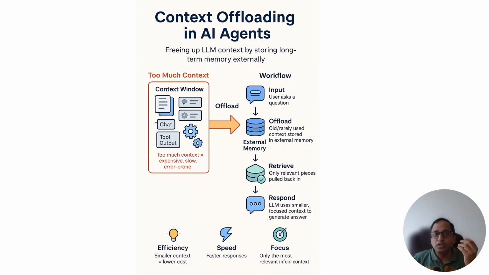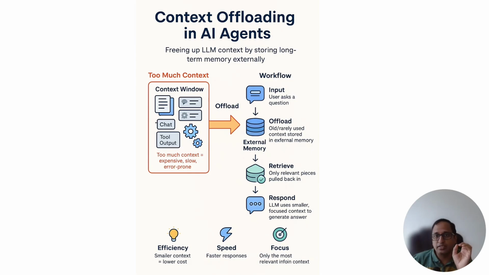If you keep stuffing it with your past conversation history, the tool outputs, or any research notes, the context becomes cluttered. That makes the model slower, more expensive to run, and more prone to error. In other words, too much context equals inefficiency. That's what we discussed in the last couple of slides: the challenges we have even if we have too much context.